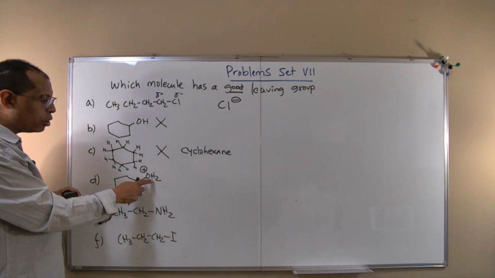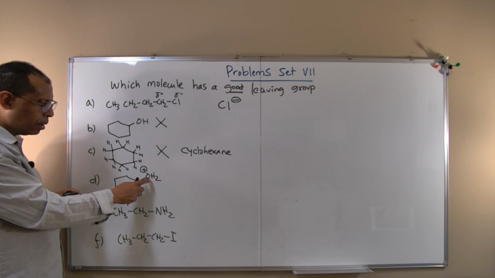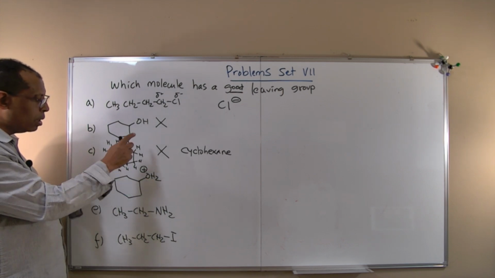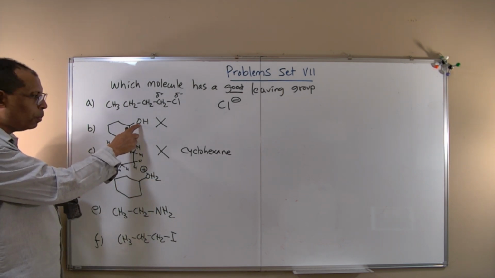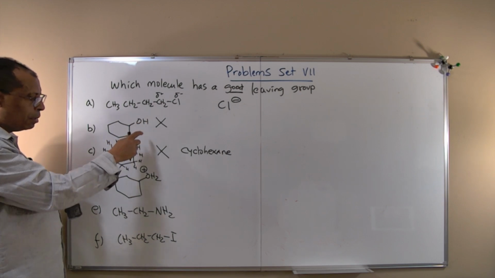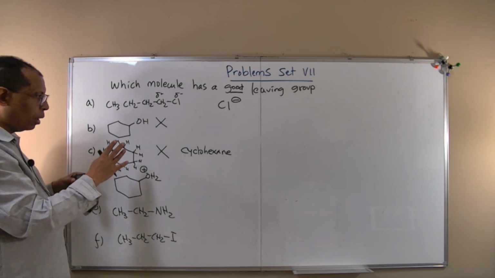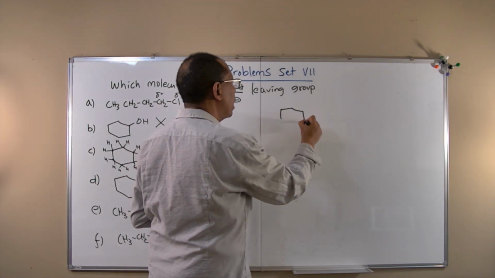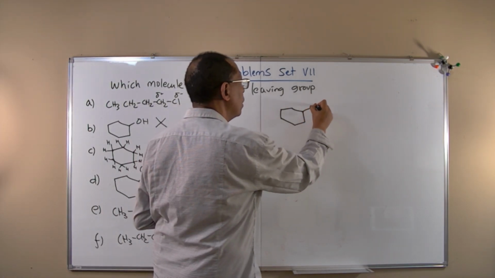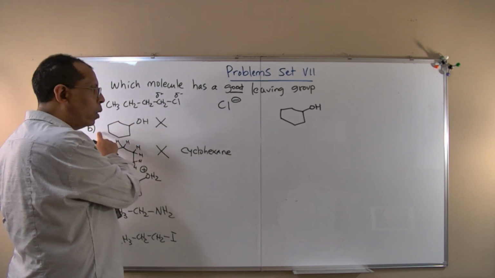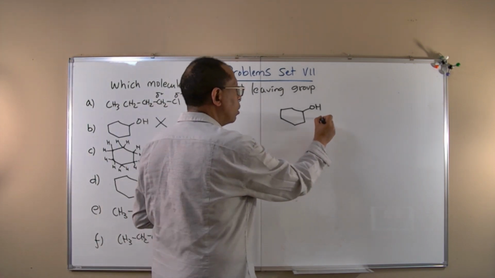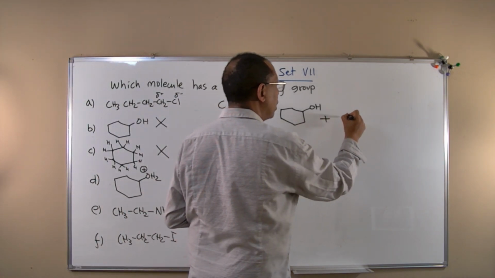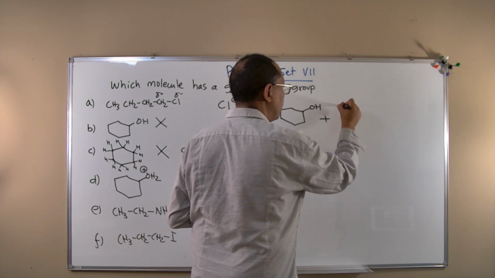Here you have OH2 plus, protonated water. This is the difference I want to show you. If we were to make OH a good leaving group, the first thing is to make it reactive with a very strong acid.